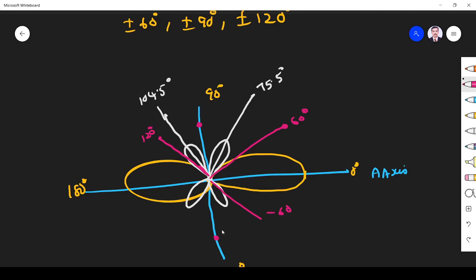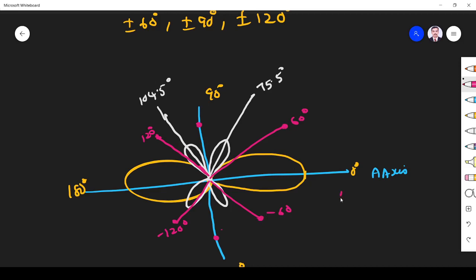This is 0, this is minus 90, and here it may be minus 120. So 1, 2, 3, 4, 5, 6 minima.